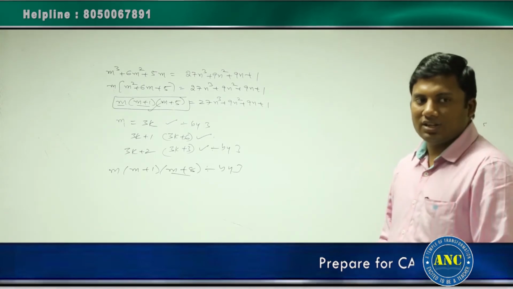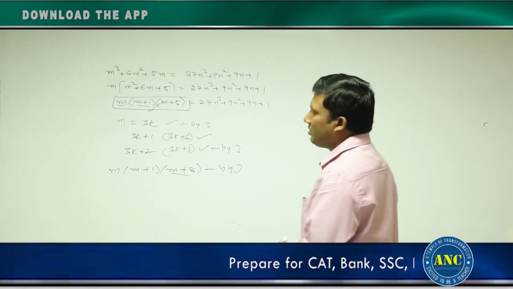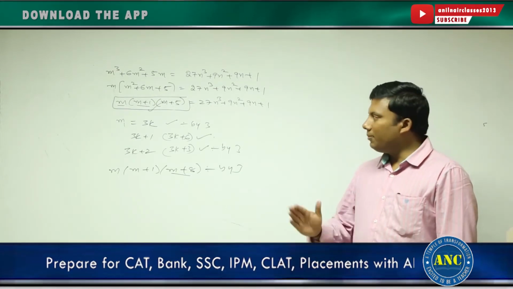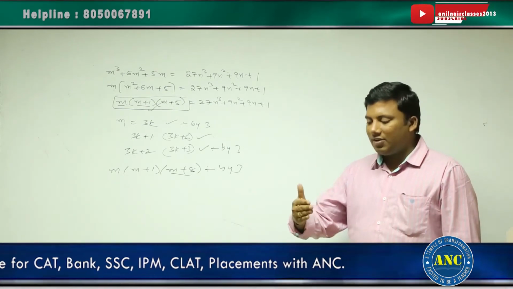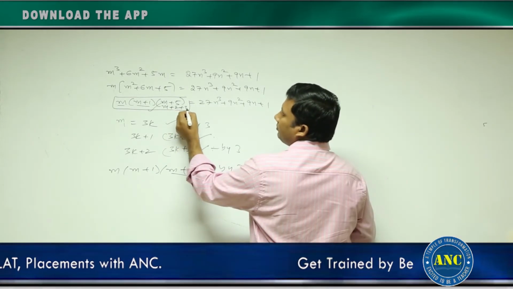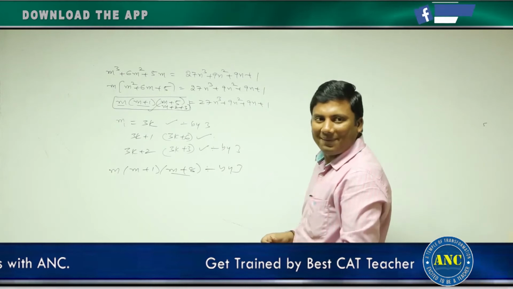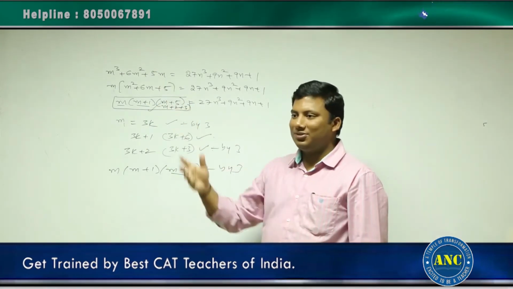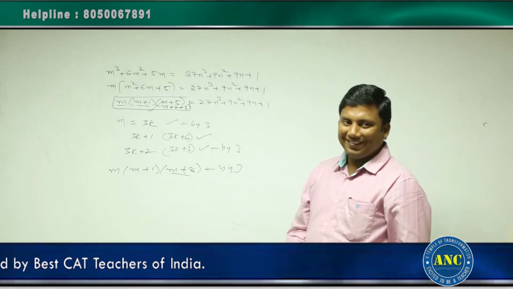Product of any 3 consecutive numbers is always divisible by 3. But they are not consecutive? No, instead of m plus 2, I am writing it as m plus 2 plus 3. It is anyway divisible by 3.